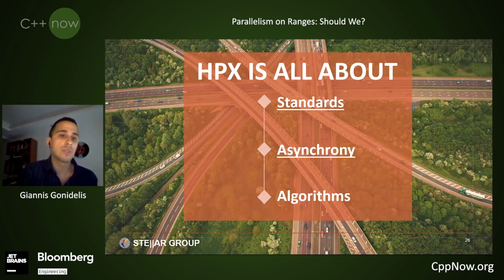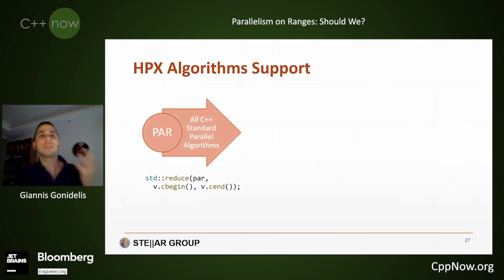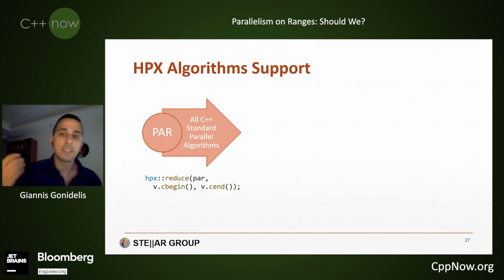And I'm going to show you how being standards conforming plus more gives the user a lot of potential. So the parallel algorithms, just out of the box, just like you had them in C++20, are exactly there. You just need to change your std namespace to the hpx namespace. You port an execution policy in there. It runs in parallel. It's great.